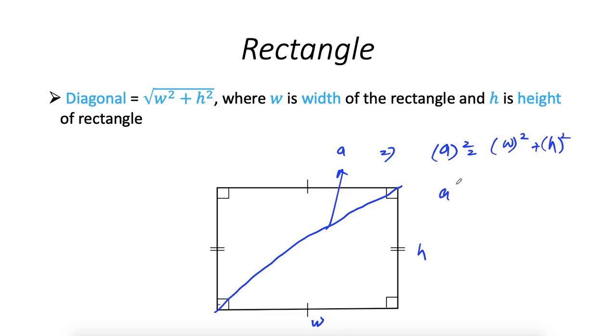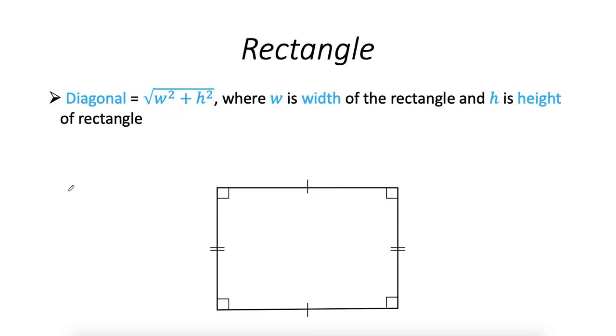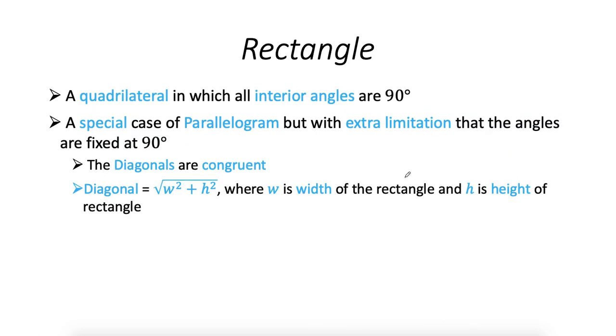To find the value of A, just take the square root on both sides. So A will be equal to the square root of W square plus H square, and that will be the diagonal. And this is just a brief summary of those properties, and rest all of the properties are same as that of parallelogram.